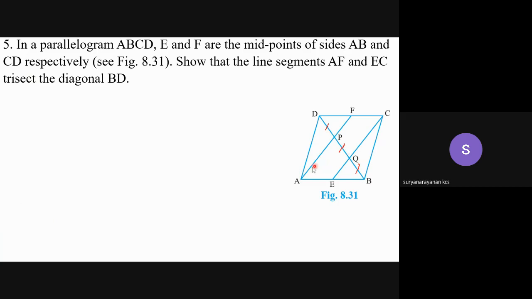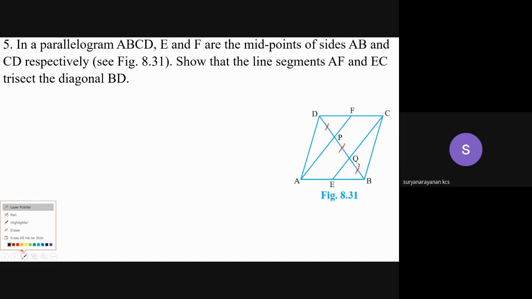From this figure, what can you say? This is a parallelogram. So what are the properties of a parallelogram? Do you remember? Sides property. Sir, opposite sides of a parallelogram are equal and parallel. Opposite sides are parallel and equal.